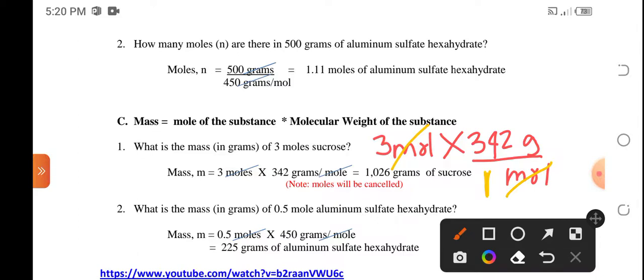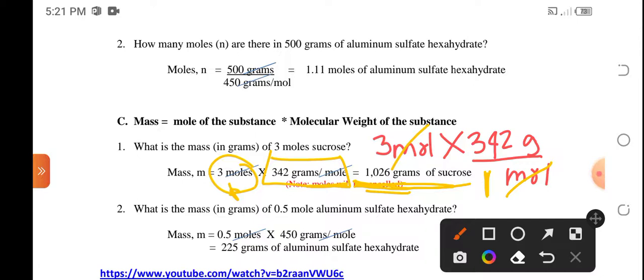So, using your calculator, 3 times 342, we're going to have 1,026 grams of sucrose. Okay? So, bakit napakataas? Kasi nga, 3 moles yung pinag-uusapan natin. Alam naman natin na 342 grams sa bawat isang mole. 3 mole yan, kaya 1,026.